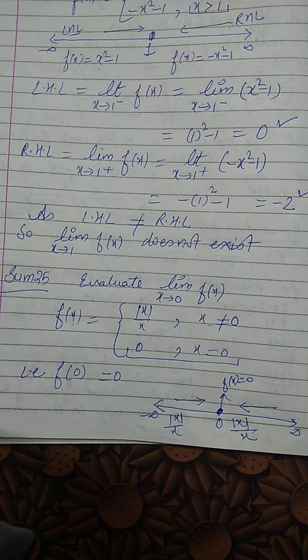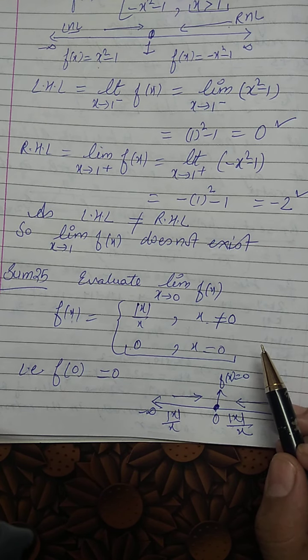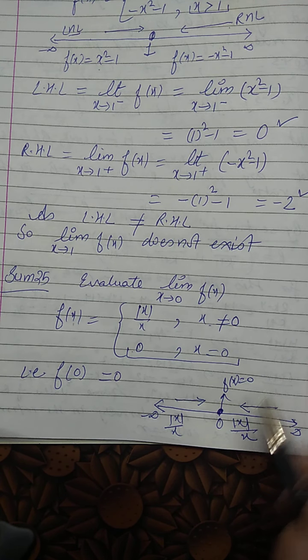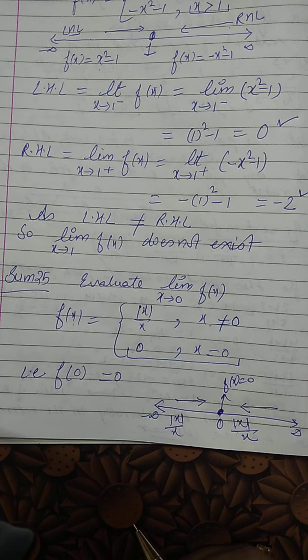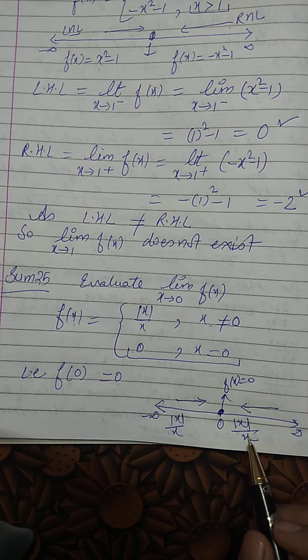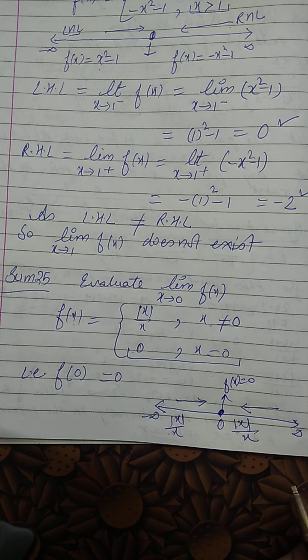When it approaches 0 either from left or right, I have this function. So what we will do here is calculate LHL and RHL, and find what the limit of this function is when x approaches 0.